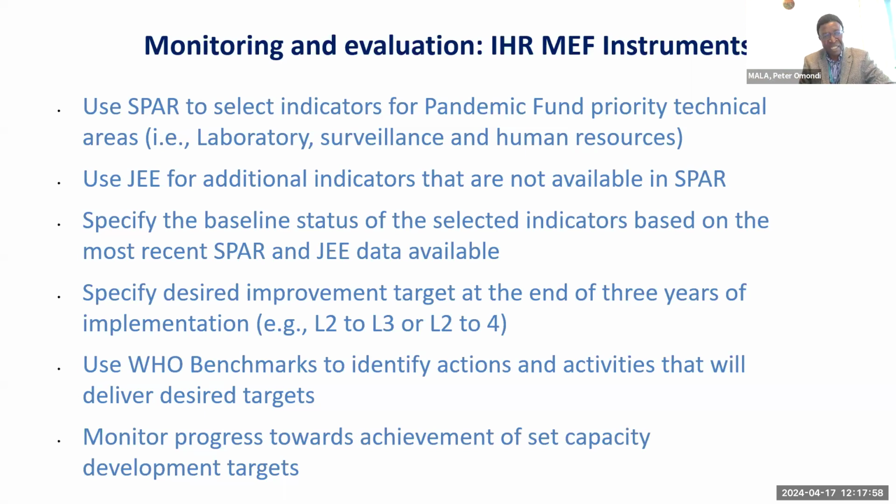Then JEE comes in for supplementary indicators that either are not well articulated in SPA, or maybe JEE has them and SPA doesn't have them, as happened with some of the indicators. You're going to see that in the next slide.